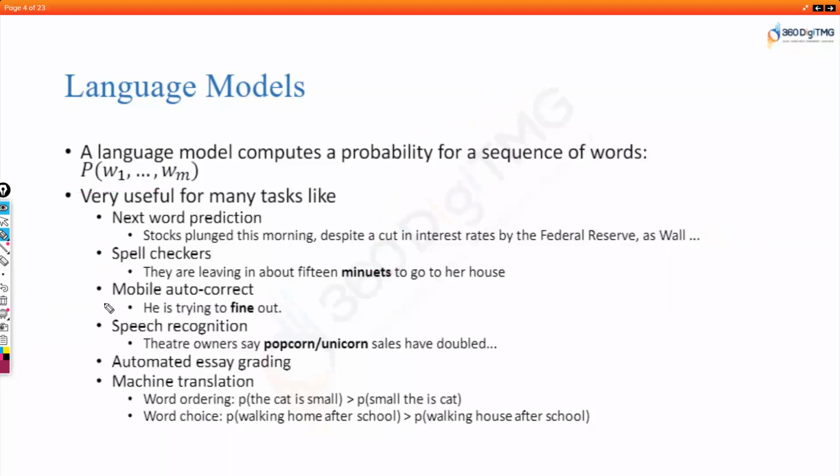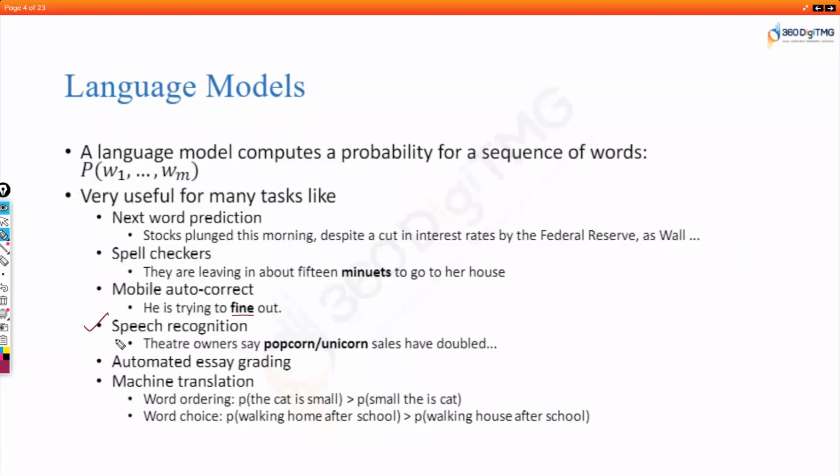Then you have mobile autocorrect. He is trying to find out. It is actually find. These kinds of things are also highlighted, because he is trying to find will be the most probable next word, as opposed to find.